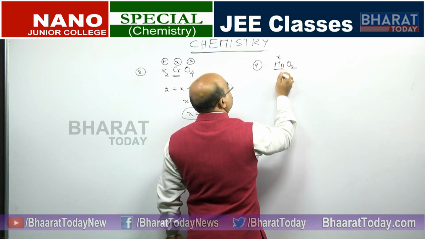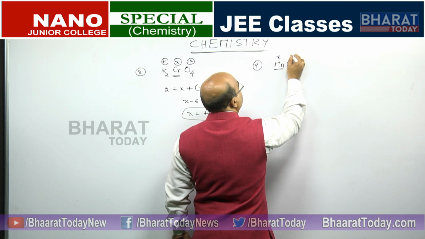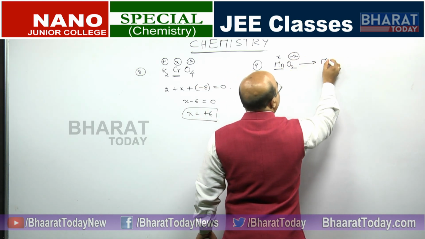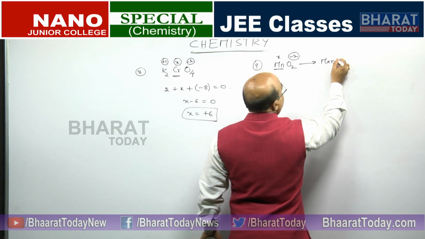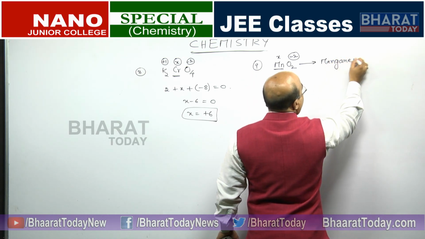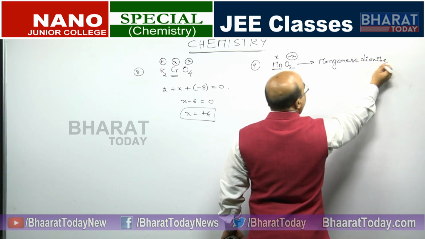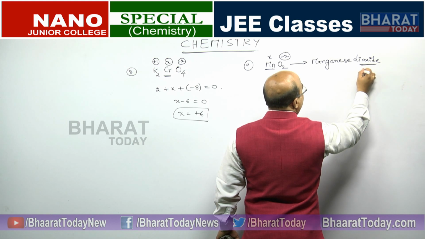So, this is x, but oxygen has to be -2. That is why this compound is called manganese dioxide. What is oxide? Oxide means O2- ion.